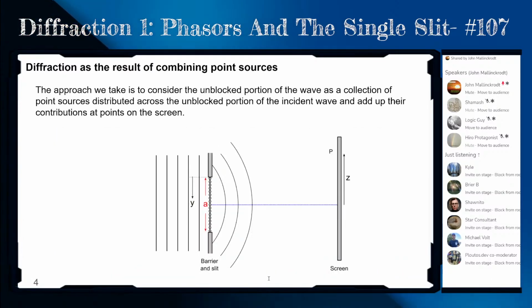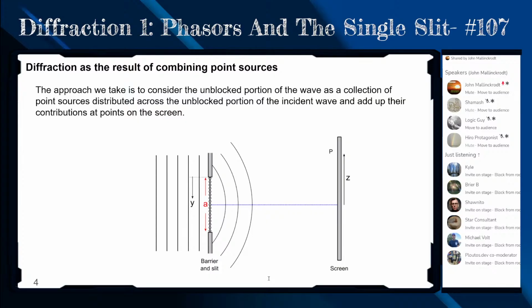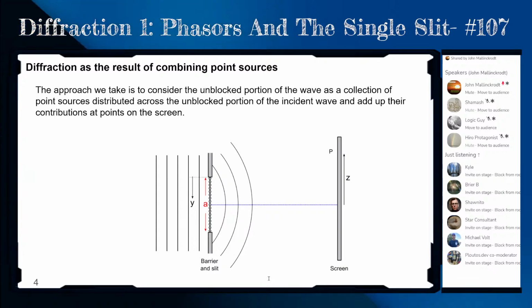Let's move on then to slide 4. The approach we're going to take in dealing with diffraction is to consider the unblocked portion of the wave as a collection of point sources that are distributed across the unblocked portion of the incident wave. And then we'll add up their contributions at points on the screen. Hopefully you can already see how this works.